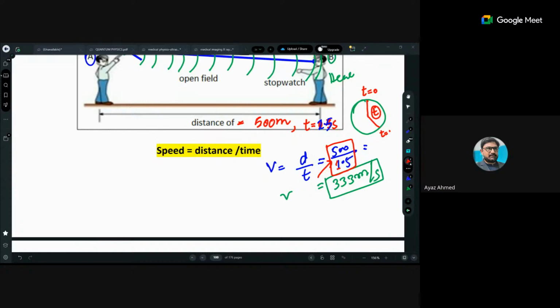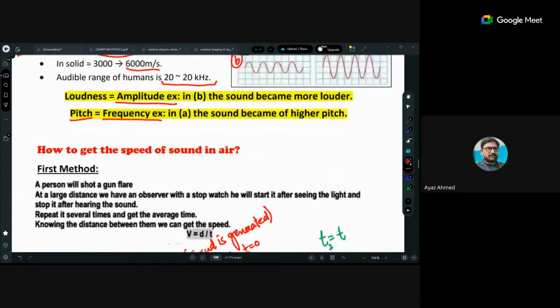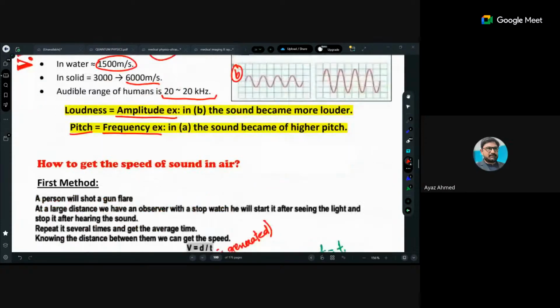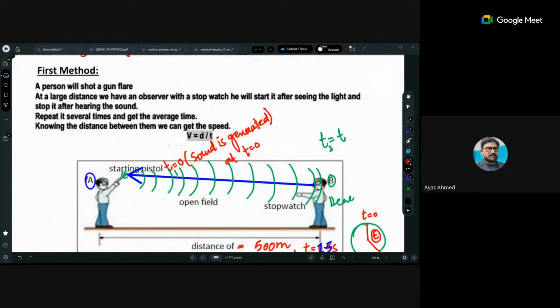So that is actually because the speed of sound is almost 330 meters per second. If you remember, we have studied that in first line, 330 meter per second. So is this method clear to you?